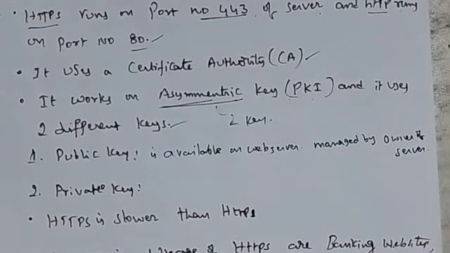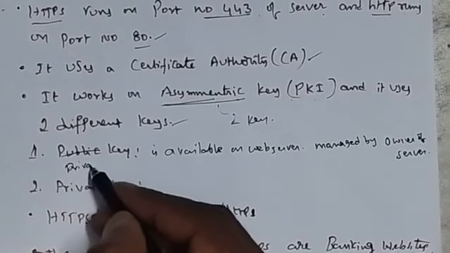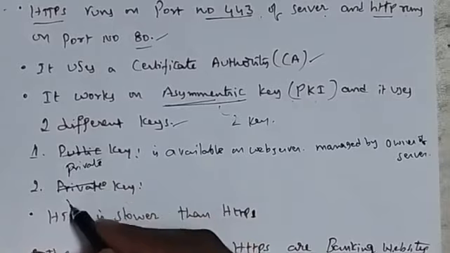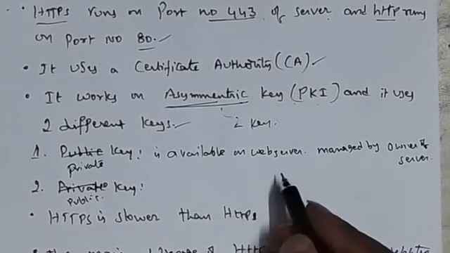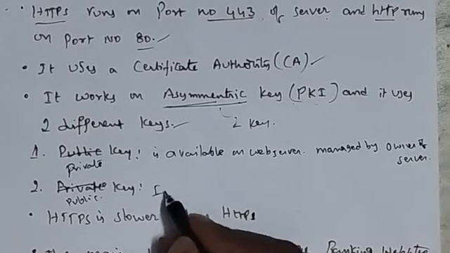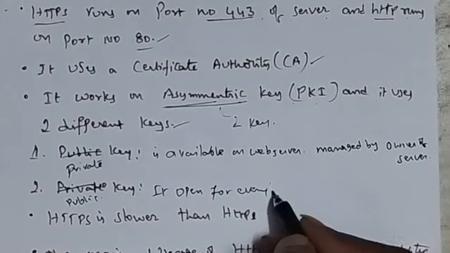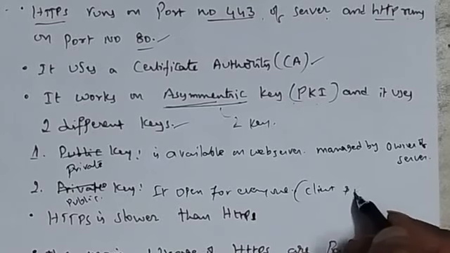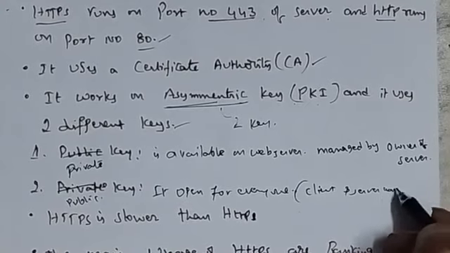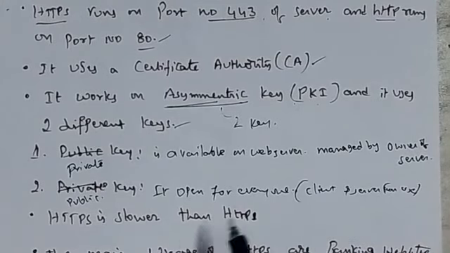It is the private key, and the other is the public key. What is the public key? It is available for everyone, open for everyone. Here client and server can use this public key.